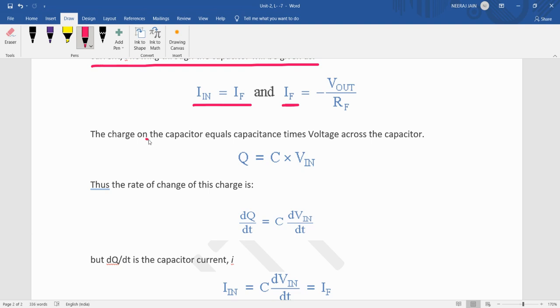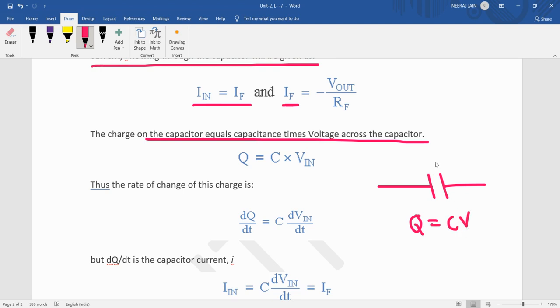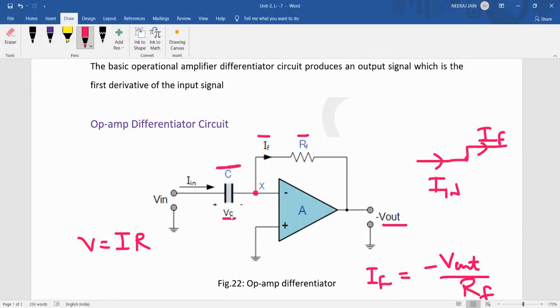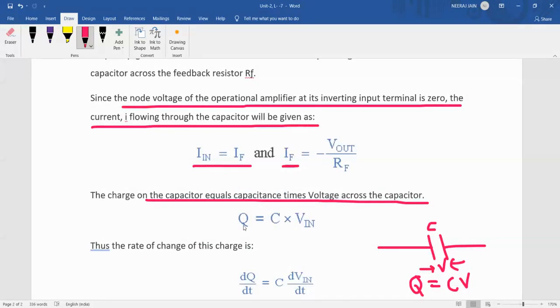Now the charge on the capacitor equals the capacitance times the voltage across the capacitor. You studied already in physics, the charge across the capacitor Q is equal to CV, where C is the value of the capacitor and V is the voltage across the capacitor. Now if the voltage across the capacitor is V in, because Vc is equal to V in here, then the charge on this capacitor Q will be C into V in.